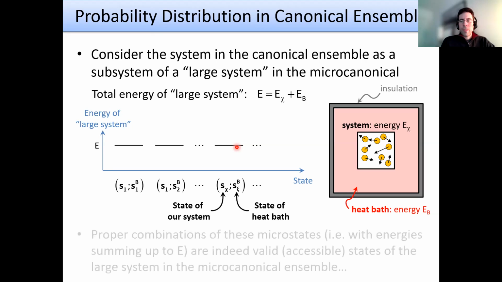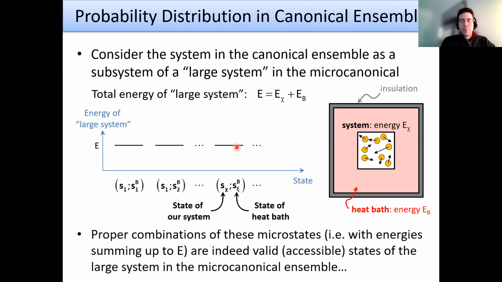The combinations of these microstates, in which the energies sum up to E, are indeed valid, accessible states of the large system in the microcanonical ensemble.